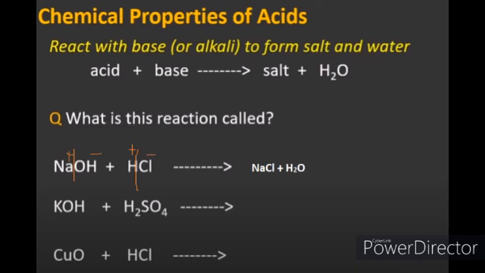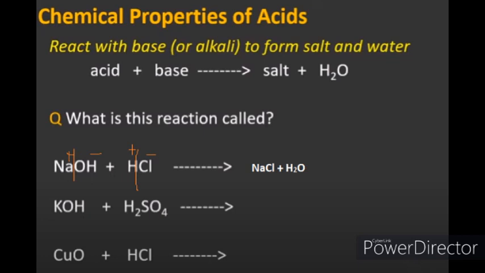Now let's start with our first example in which sodium hydroxide reacts with hydrochloric acid. These two things, base as well as acid, are both in aqueous state, right? So in aqueous state they dissociate into ions.